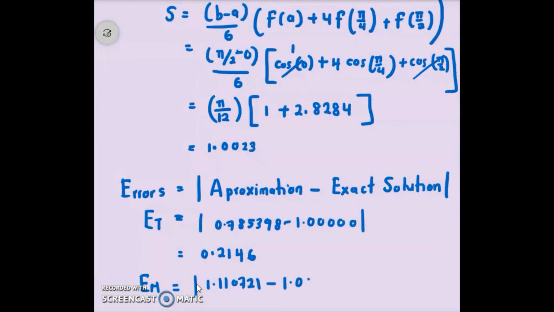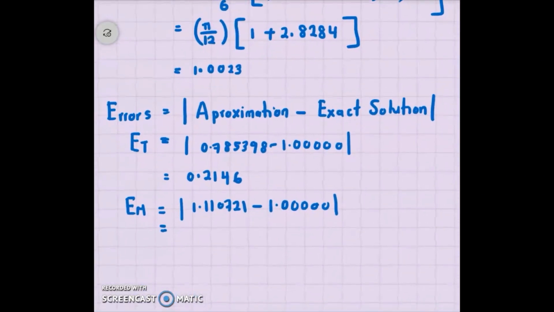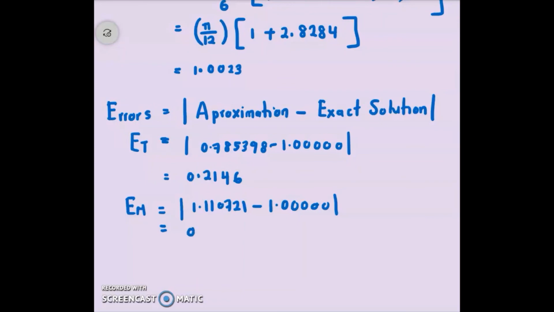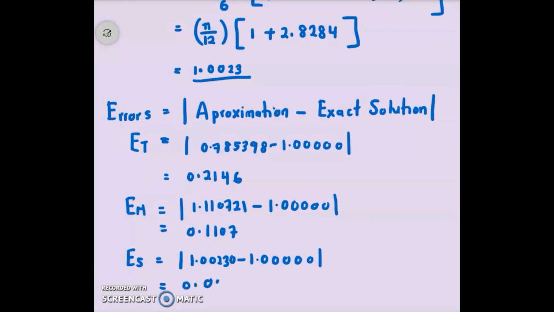And for M we have 1.110721 minus 1. So the error for the midpoint rule is given by 0.1107. Now lastly, the error for Simpson's rule, the approximate given by 1.0023 minus 1.0000, will give you 0.0023.